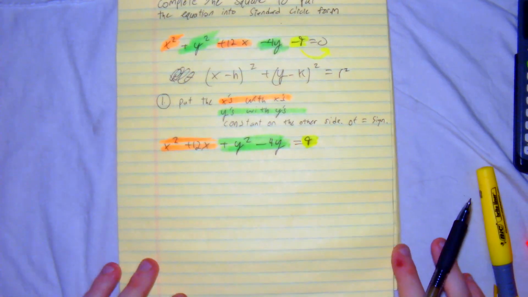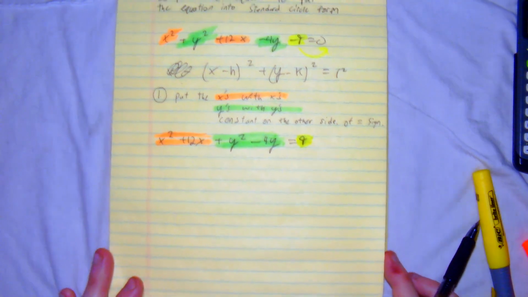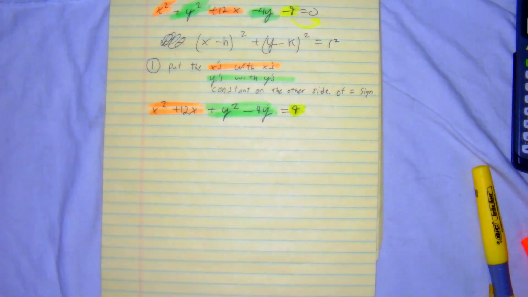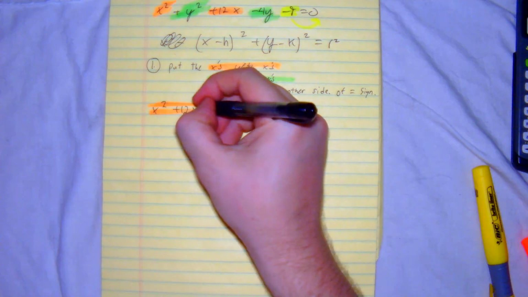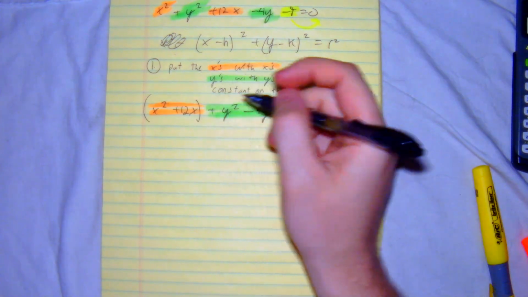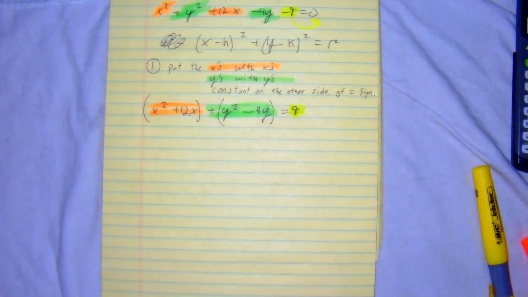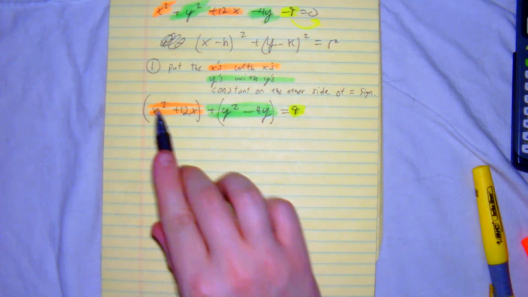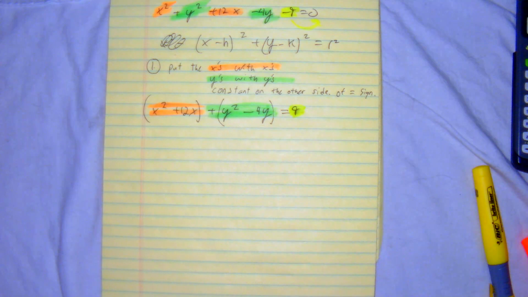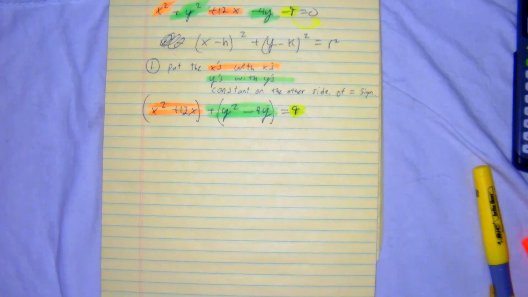So we have to complete the square twice. I'm going to group this, and then I'm going to group this. We know we can complete the square because a is 1. We're good to go.